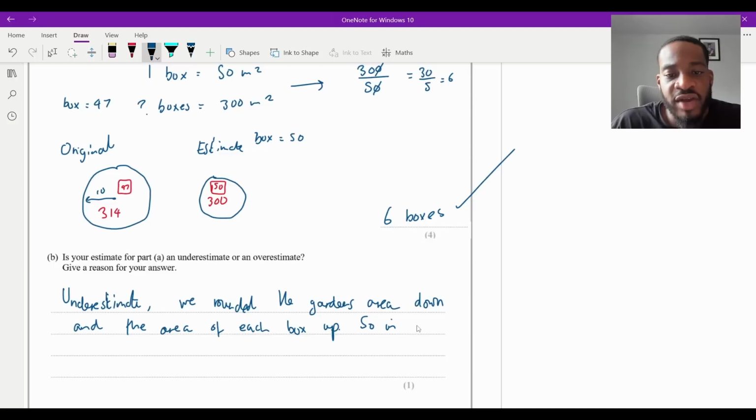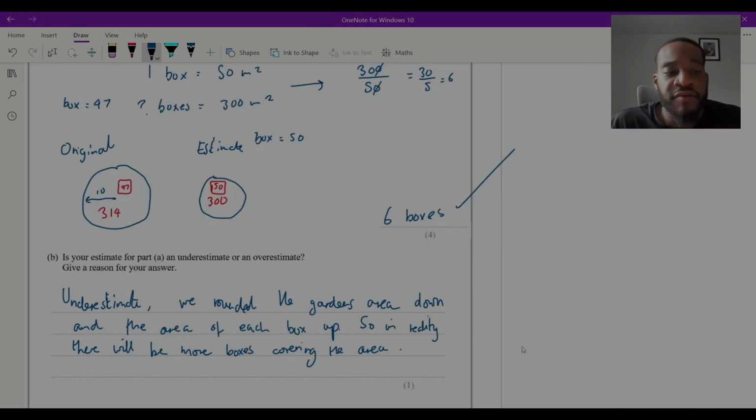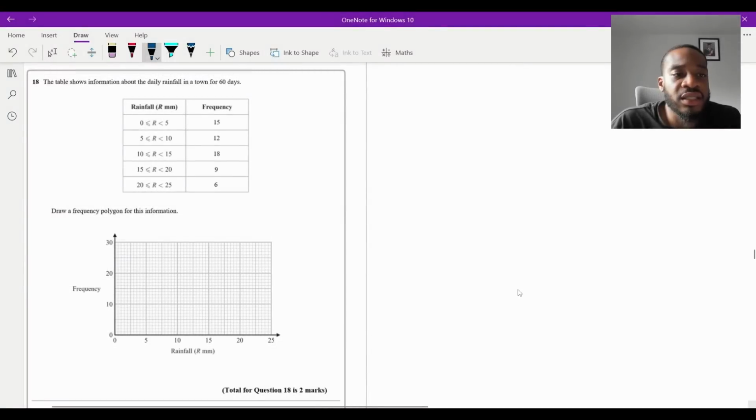So in reality, there will be more boxes covering the area. And that's it. Finished.